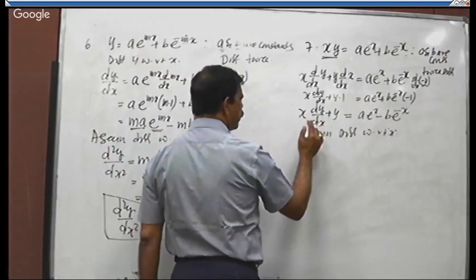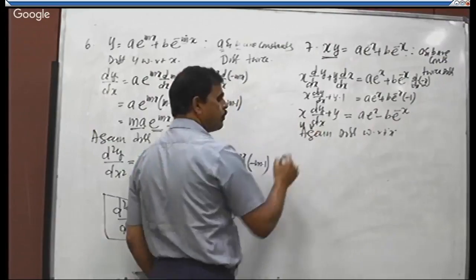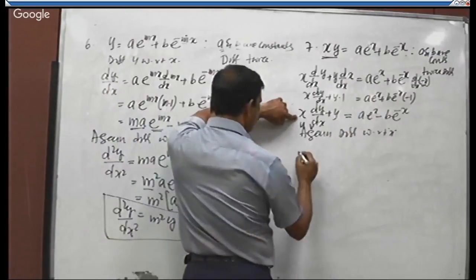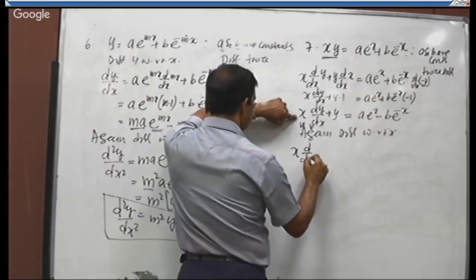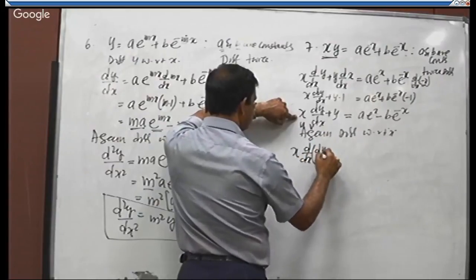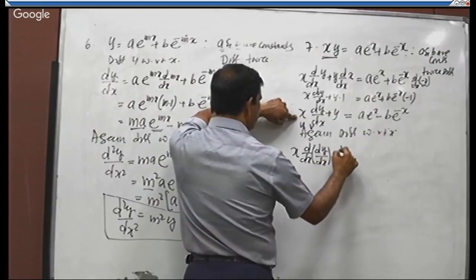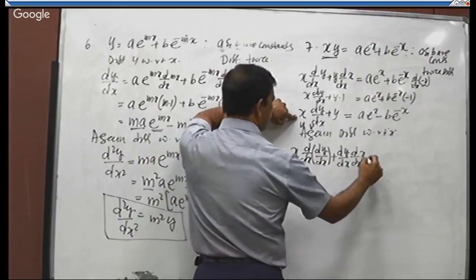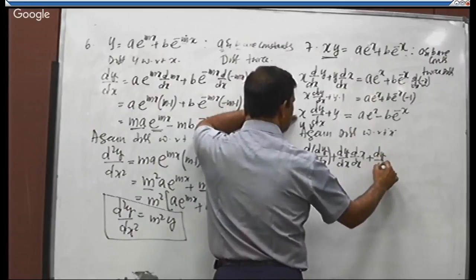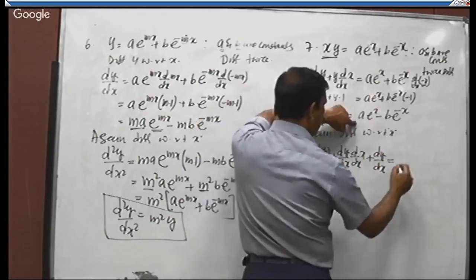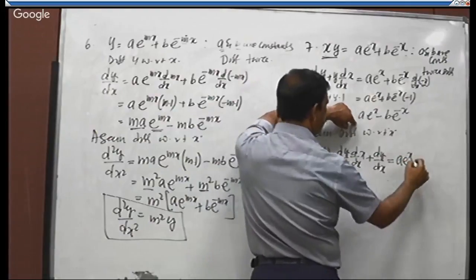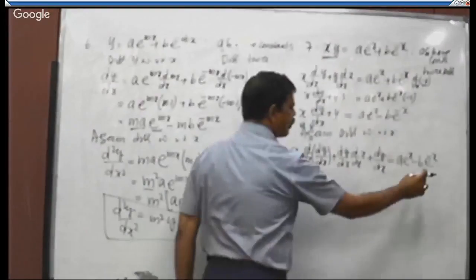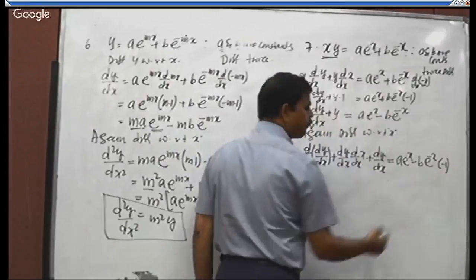The first term is again in the form of u into v, x into dy/dx, which is a product, so use the product rule: x into the derivative of the second function v, which is dy/dx, plus dy/dx as it is into the derivative of x, plus the differentiation of y, dy/dx, is equal to a into e power x, which is e power x only, minus b into e power minus x into the differentiation of minus x, taken as minus 1.